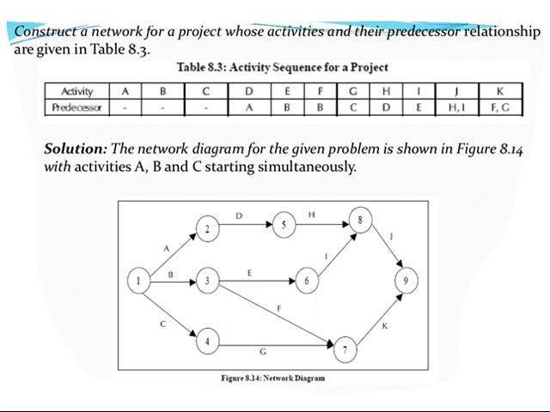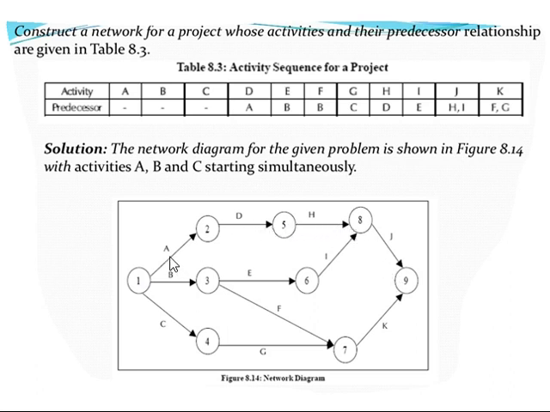Once you are able to construct a network diagram, we will observe one more thing. This will be the starting point of the project, and this will be the end point of the project. If you observe, the network diagram follows some paths.